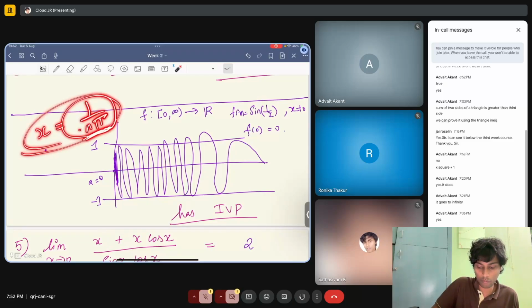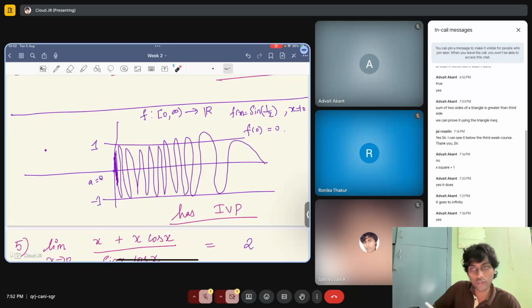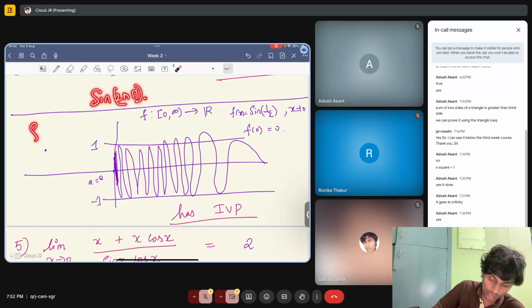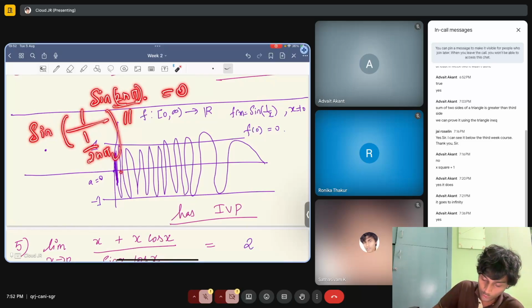Okay, n pi or 2n pi, because sine of 2n pi is 0. So that is what you are going to use. If you look at sine of 1 by (1 by 2n pi), which is nothing but sine of 2n pi, that will be 0. So you have to find 2n pi.